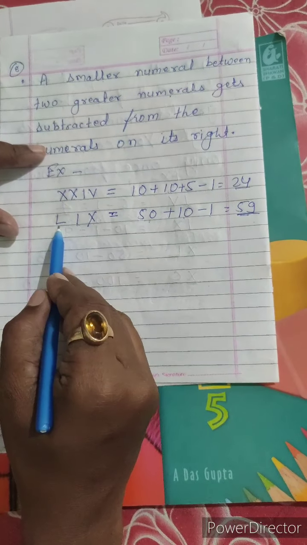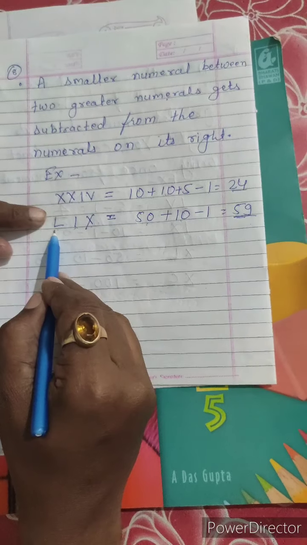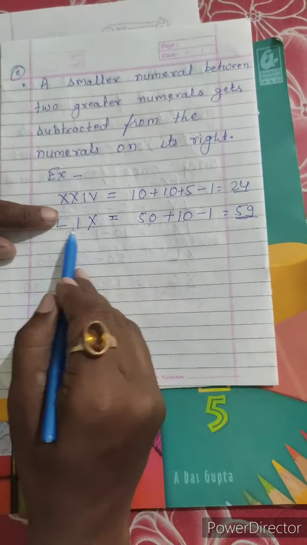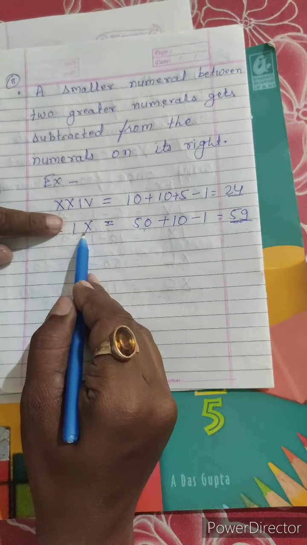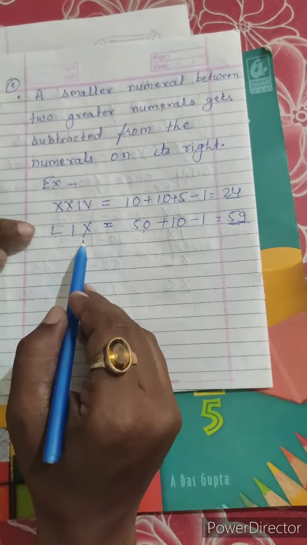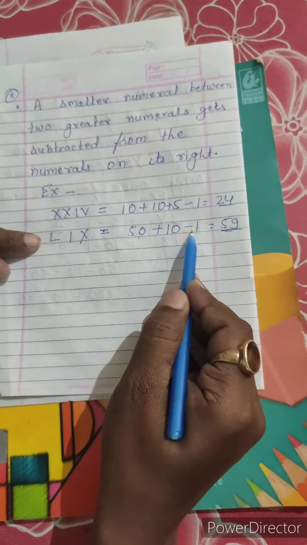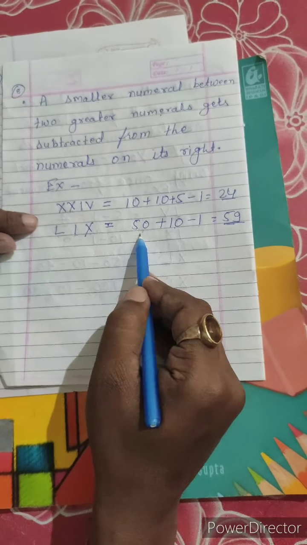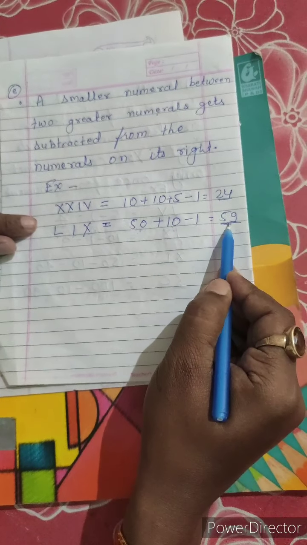Next example is LIX. The value of L is 50 and here the I is written before the X, so it gets subtracted. Now 50 plus 10 minus 1, 50 plus 9 becomes 59.